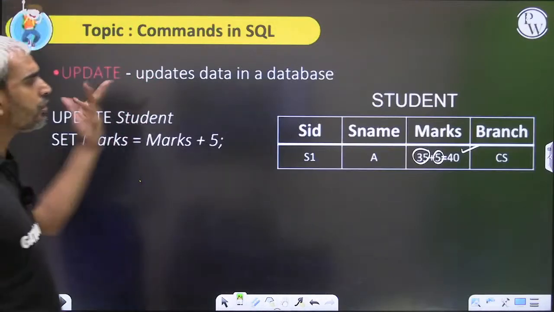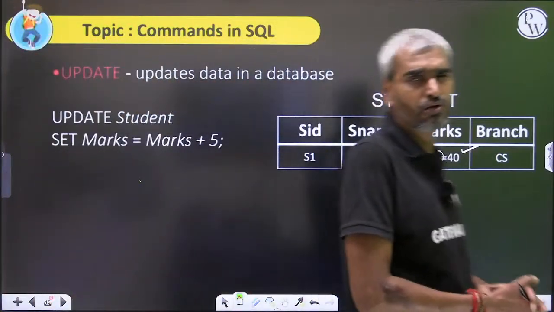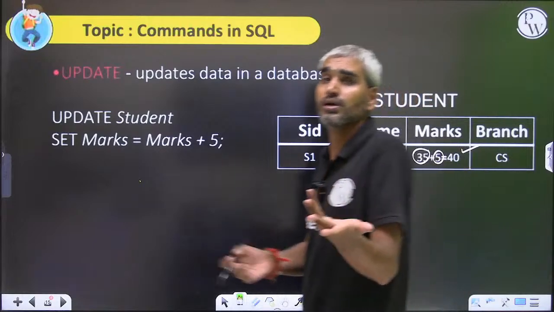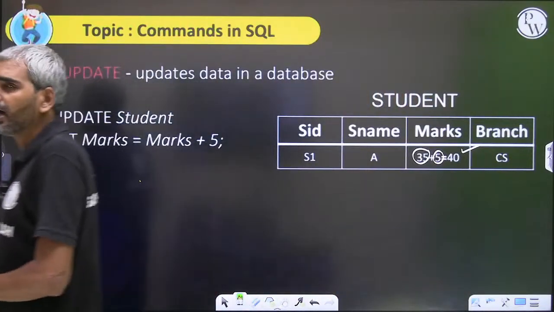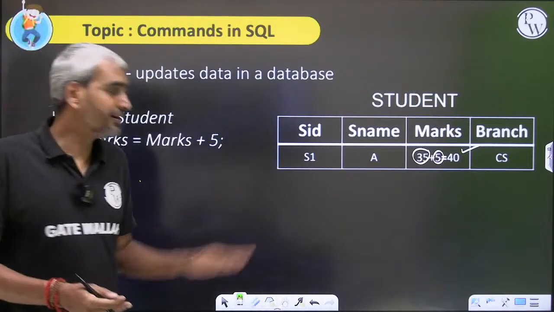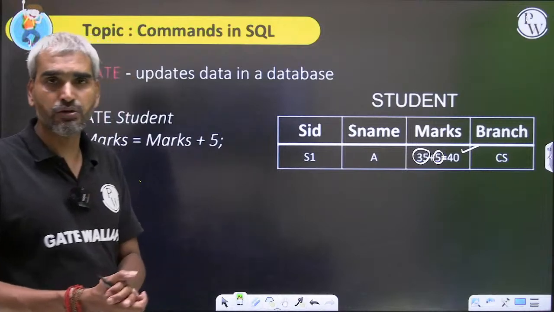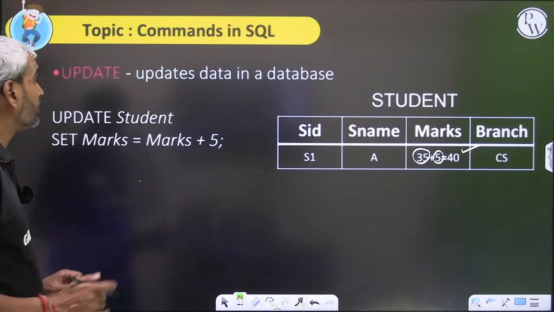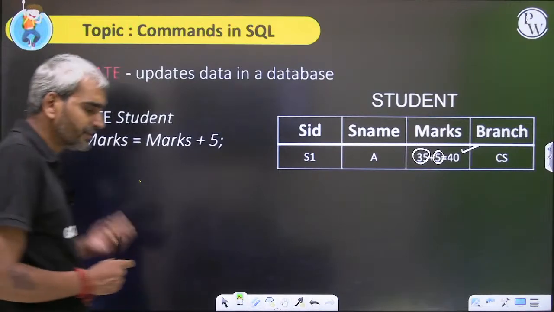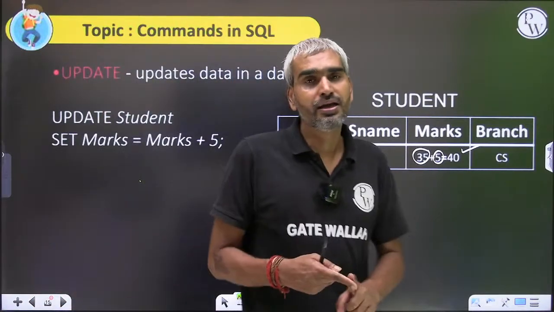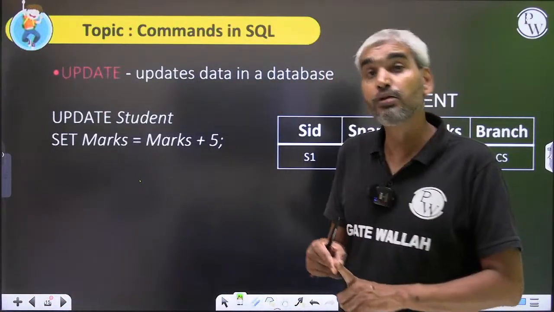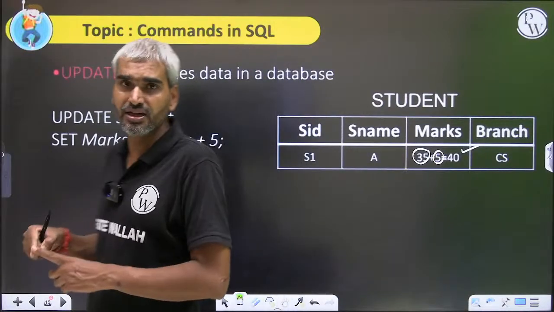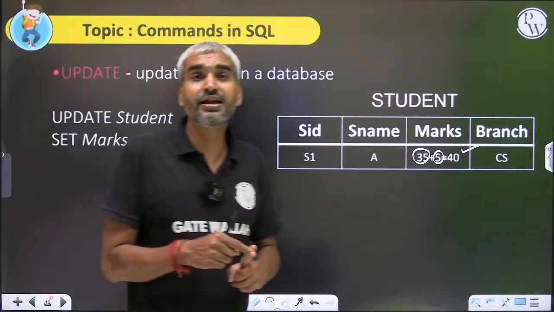So we are done with all the different types of commands along with the select command that will be used to extract the data from the database table, and in the upcoming slides we'll be discussing a lot about select command, therefore forget about that for the time being. Now, another most important thing that is available in structured query language but not available in relational algebra is aggregate functions.